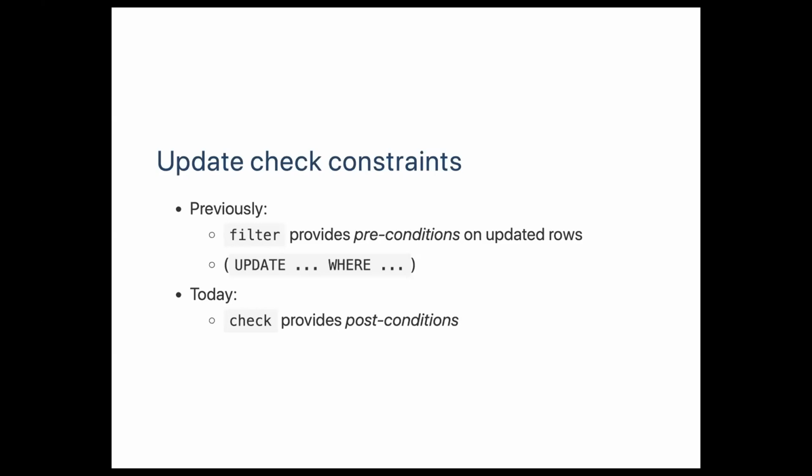And instead of preconditions, this one's going to provide a post condition. So after the update is finished, we're going to run a different expression, possibly. It could be the same expression as the filter, or it could be a separate expression in some cases. And we're going to throw an exception and abort the transaction if the post condition doesn't hold.